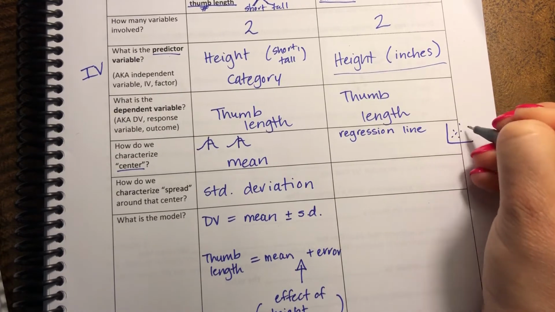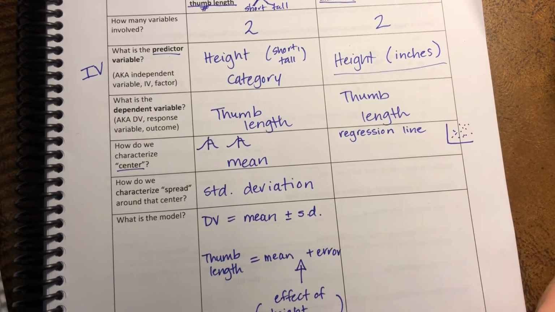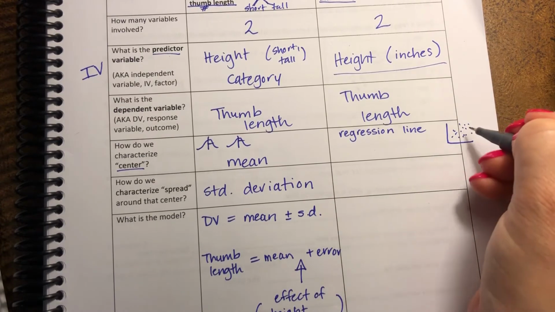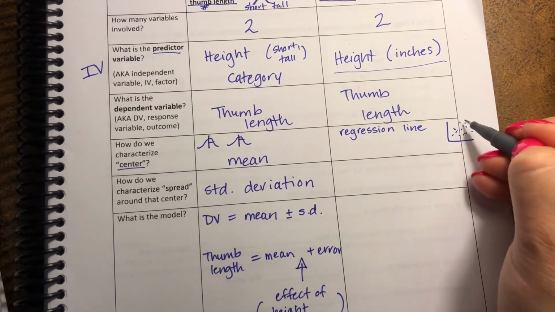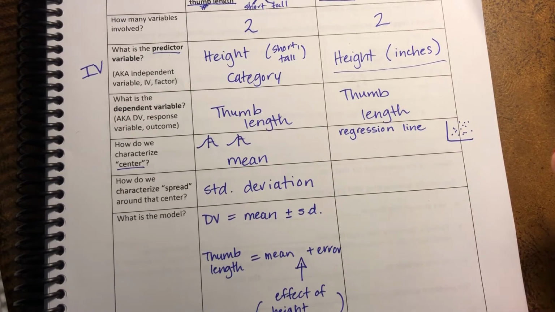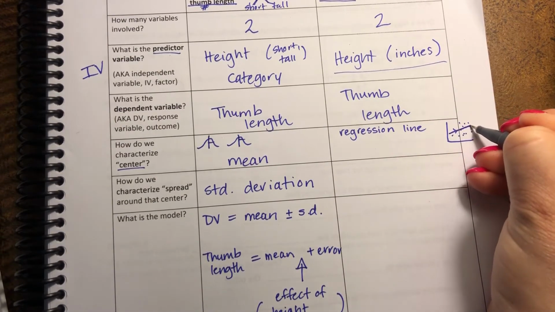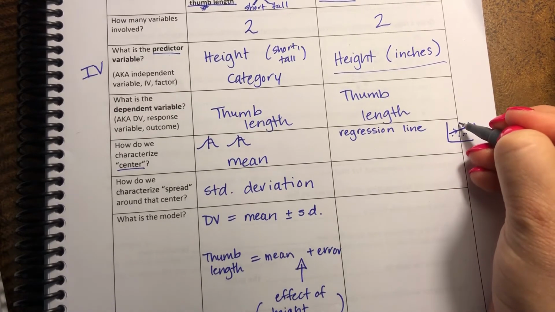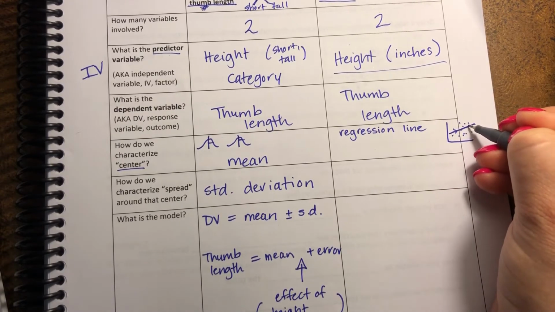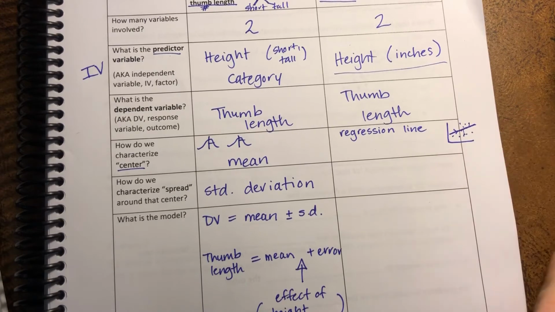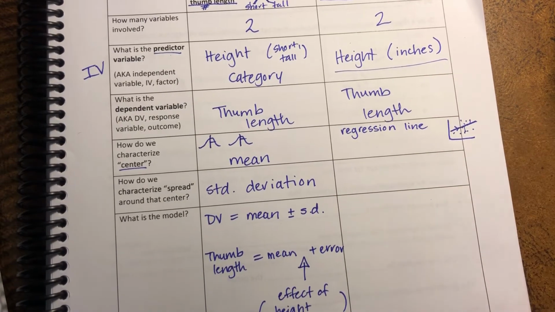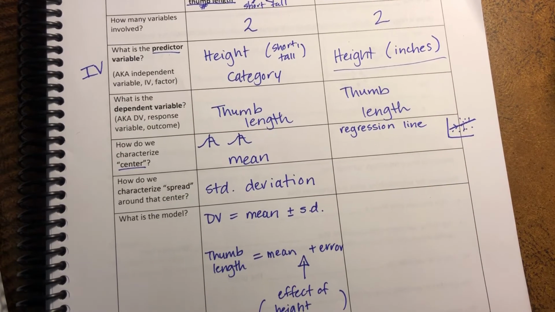So in other words, we're going to be looking at scatter plots for our models, right? So the shape would have to do with the scatter plot itself. The center is going to be the regression line that balances the errors above with the errors below. We'll have more on that in classwork 10.